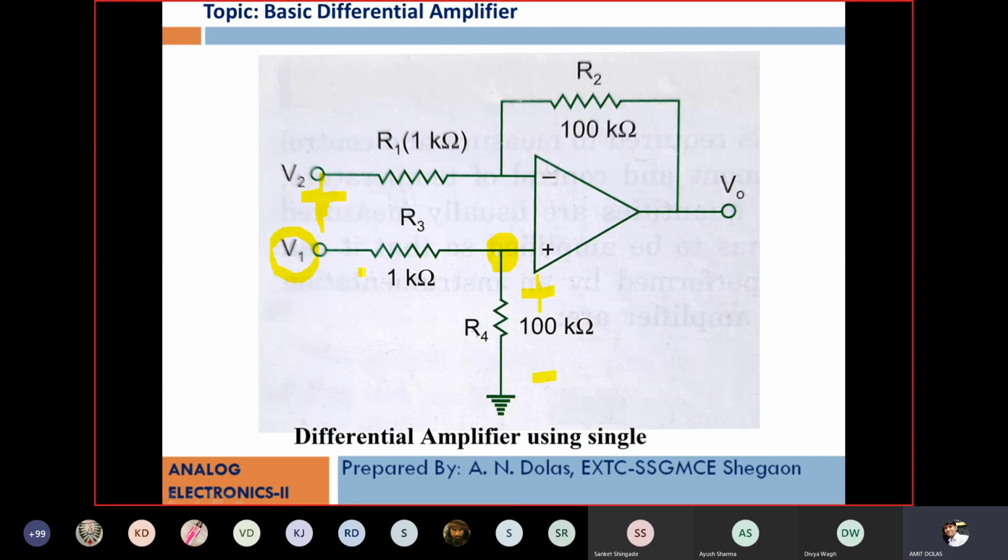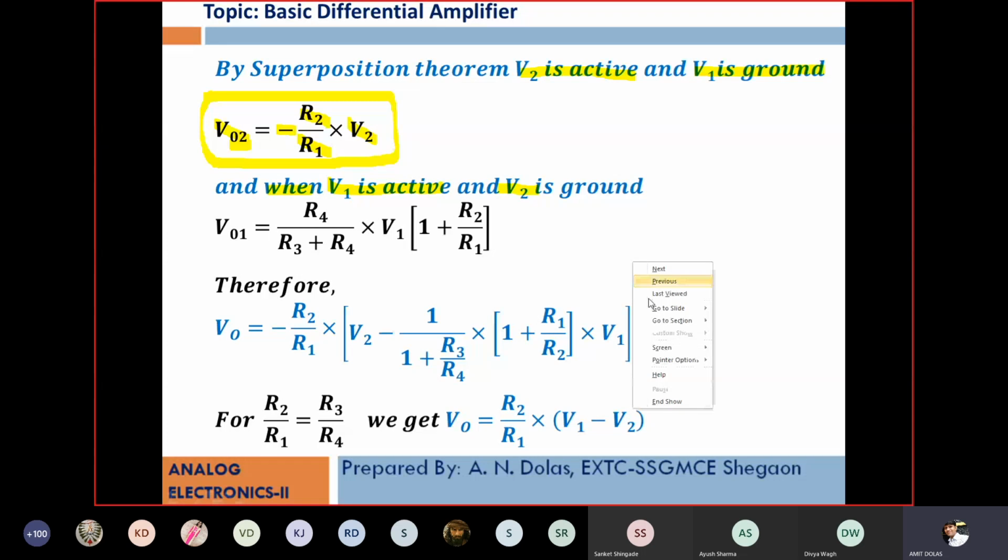If I want the voltage across R4, then we have to use the voltage divider rule. By the voltage divider rule, the voltage at the non-inverting terminal of the op amp will be R4 divided by R3 plus R4, multiplied by the applied voltage V1. So this is the voltage at the non-inverting terminal.